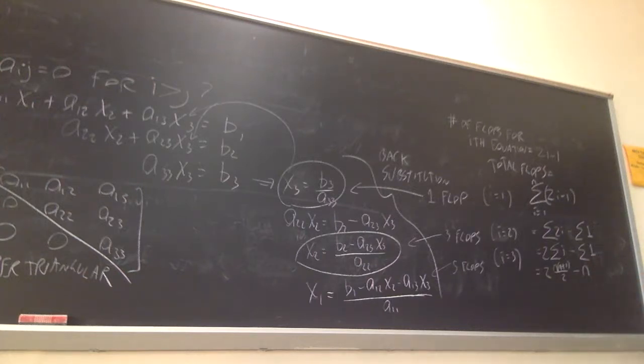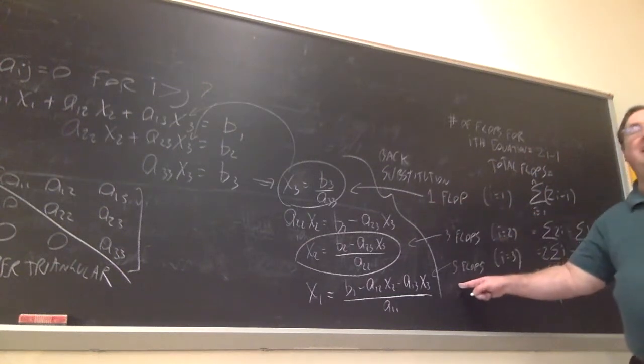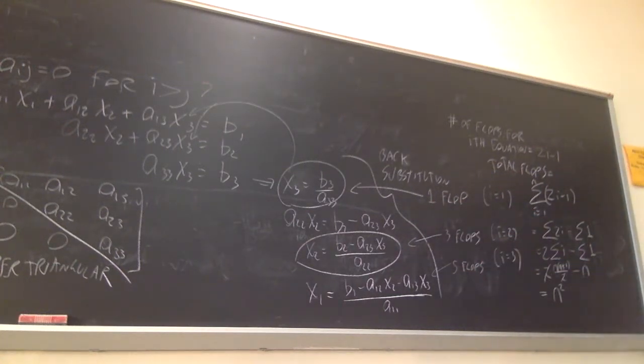Okay, so the 2's cancel. So we have n squared plus n minus n. So it turns out to be, wow, that's kind of freaky, exactly n squared floating point operations. Well, here we have 1, 4, 9. So there you go.